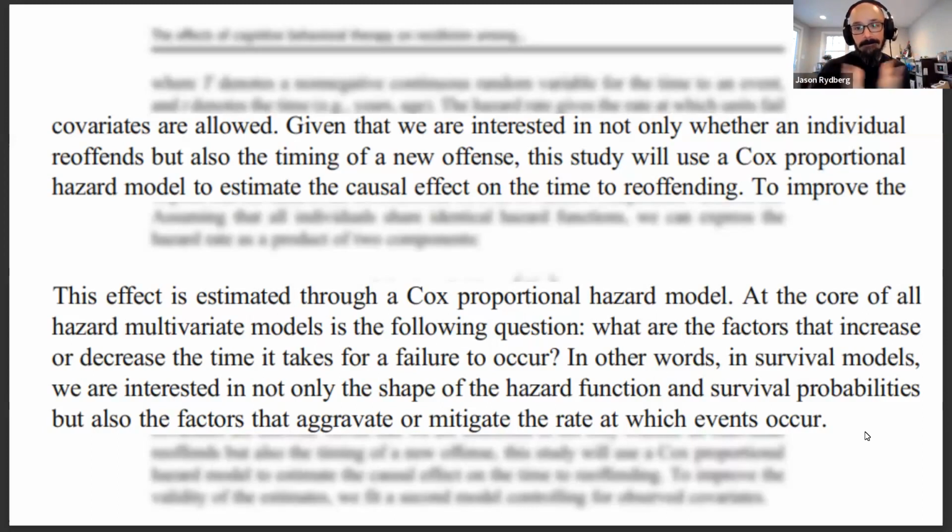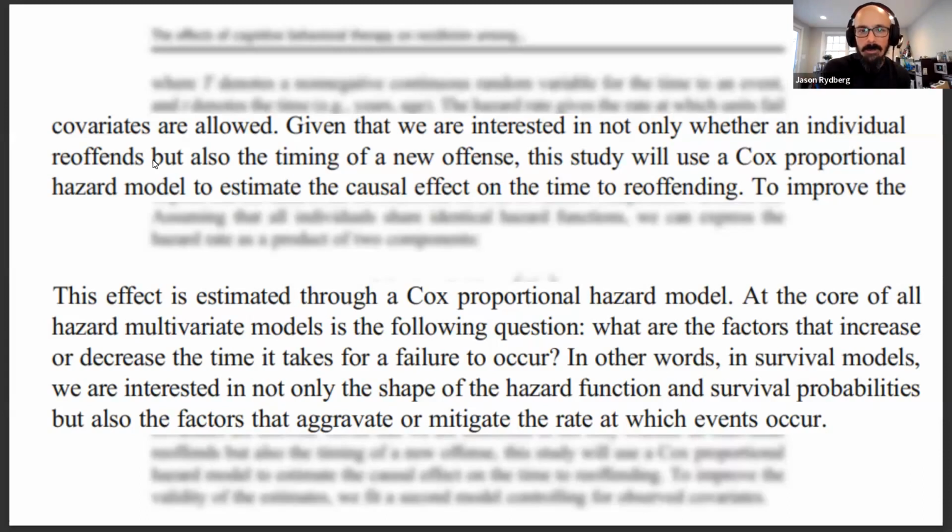Are you back? Hopefully. So no, that's not the reason. It's not a good reason to use the Cox model. The Cox regression model does not tell us about these things. So recall, how does time factor its way into the hazard ratios that we get from the Cox model? It differs from logistic regression in that we're not just looking at the occurrence of the event, not only whether an individual reoffends, it's true, but the timing of the offense.